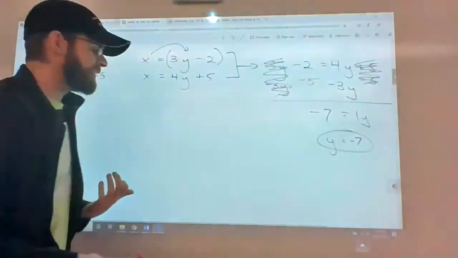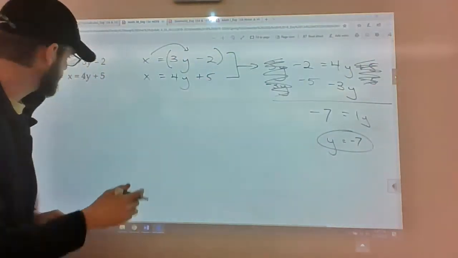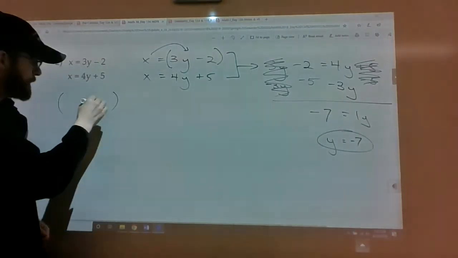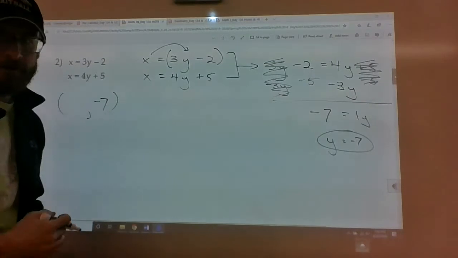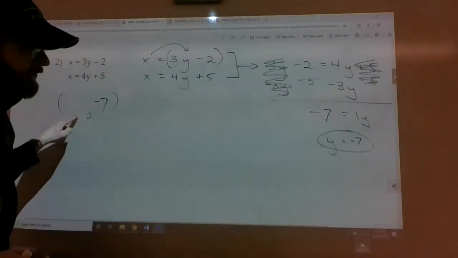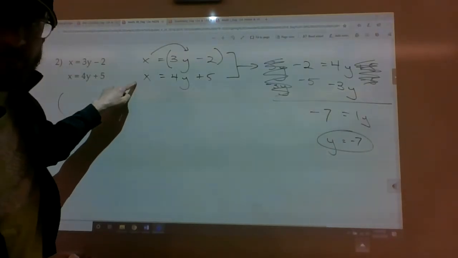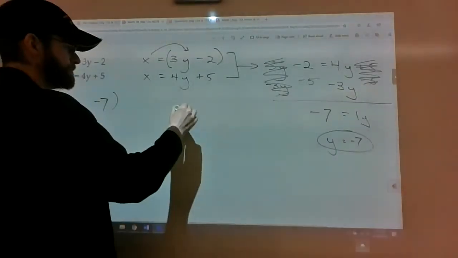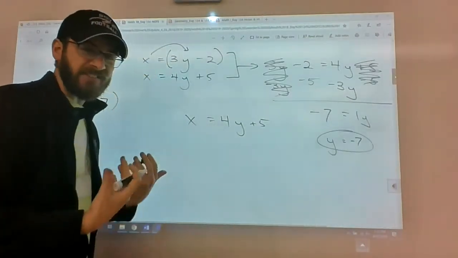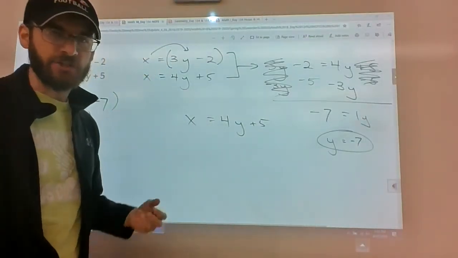All right, so again, these represent ordered pairs. So the solution is some x value, comma, negative 7. So how do we find that something? How do we find that missing x value? You just pick one of the originals. Let's just say I picked the bottom one. And it's exactly like the elimination method in terms of this step.